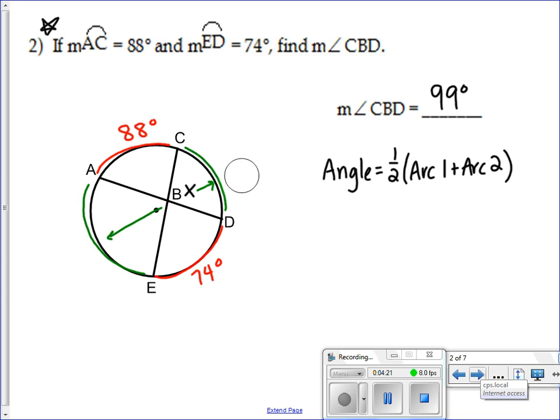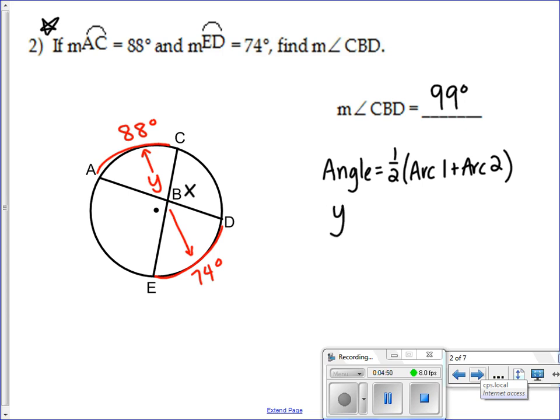So instead of solving for angle CBD, I might have to solve for a different angle first, and then go back and find angle CBD. I can actually solve for this angle that's right next to it. We'll just call it Y, angle CBA, because the 88 and the 74 go with that angle. So I'm going to solve for Y first, and then that'll help us solve for X.